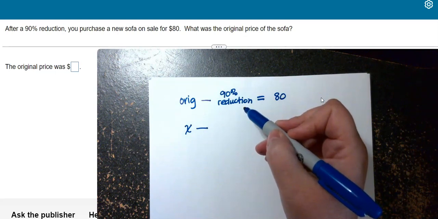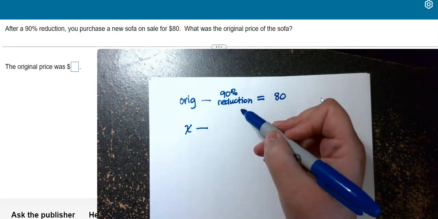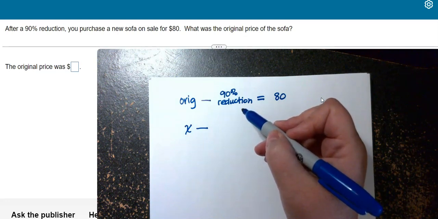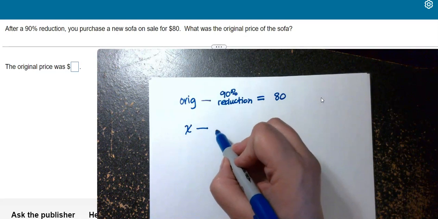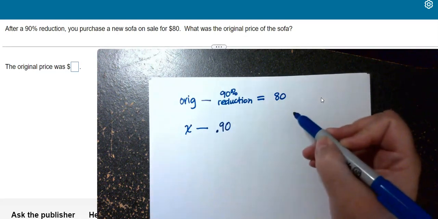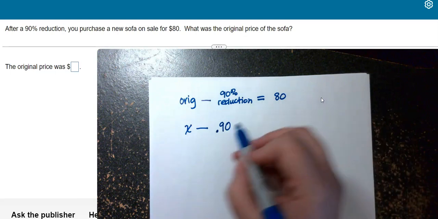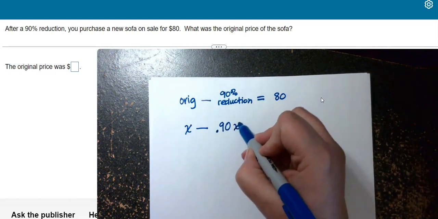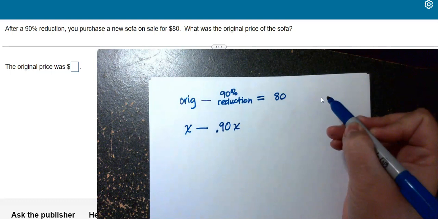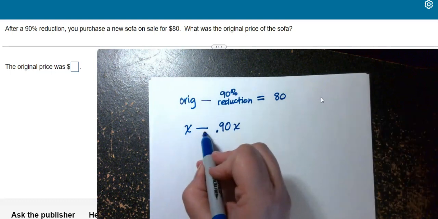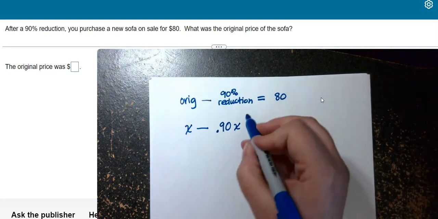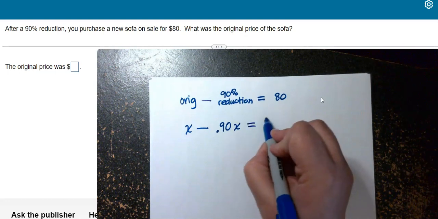If you buy something 90% off, you're taking 90% of the original price off. If it was originally $100, it would be minus $90, because 90% of $100 is $90. So 0.90 is how we multiply to get 90% of something, and it's 0.90 of the original price X. So my original price minus 90% of the original price equals 80.